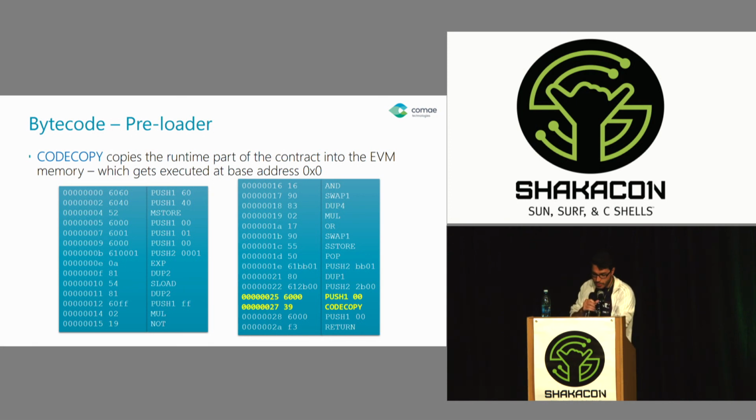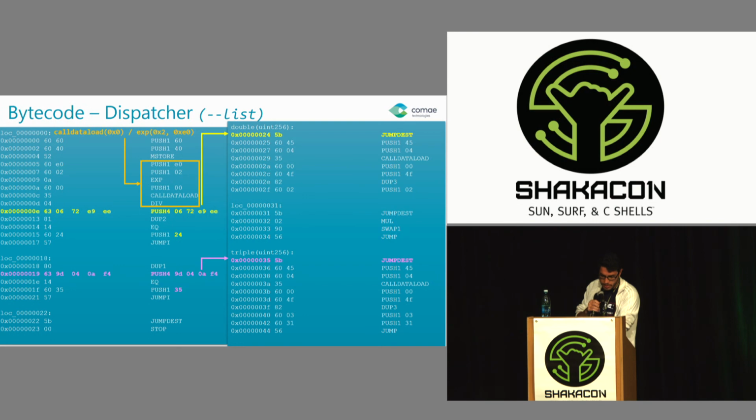So once it's copied in memory, then comes the actual dispatcher, and here it's an example of a very simple contract with two functions that we can see here in yellow and pink.